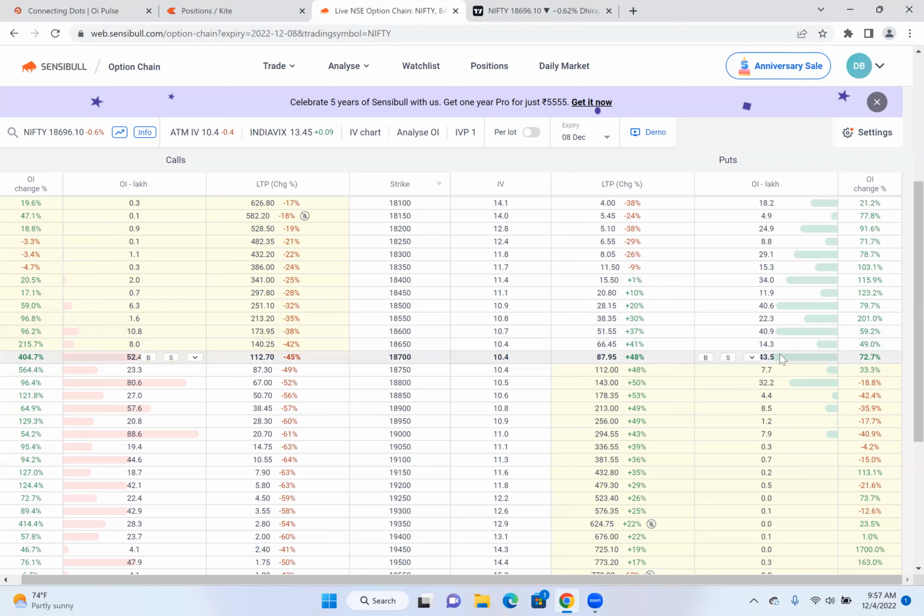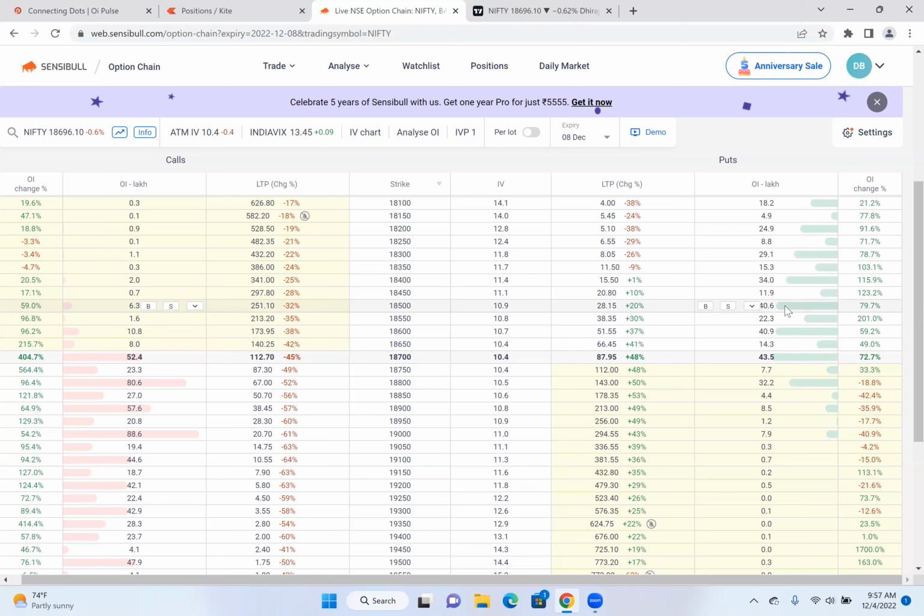Because there are put writers at 18,700, 18,600, 18,500, etc. Correct? So while we said that the mood is bearish, it is not very bearish. It's not super bearish.